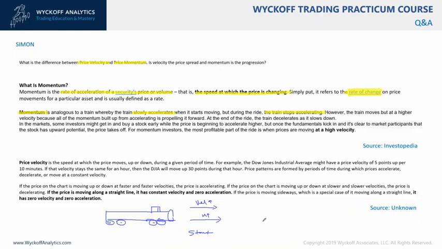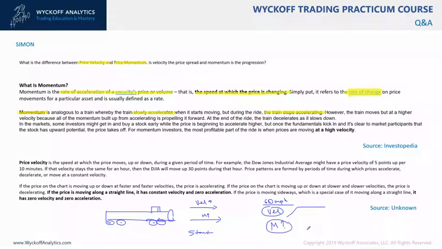Then when the train gets to, let's say, 60 miles per hour, what happens then? Velocity stays the same, right? It's at 60 miles per hour. So it went up and then it stays the same. But then what do you think, guys, happens with the momentum at this point?